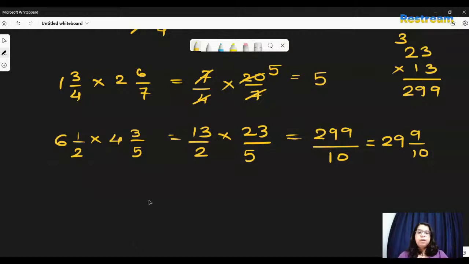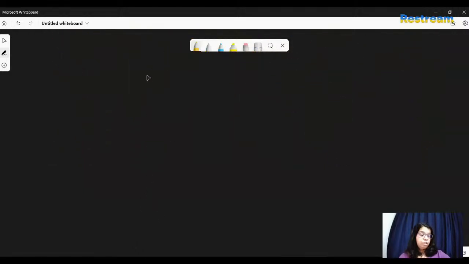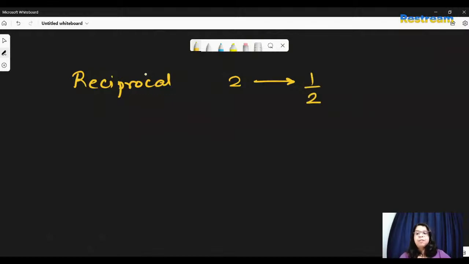Okay. After this, we are going to start with division. But before division, we have to learn about something called reciprocal. What does reciprocal mean? If I have the term 2, then its reciprocal is 1 by 2. Or if I have a fraction 4 by 3, its reciprocal is 3 by 4.